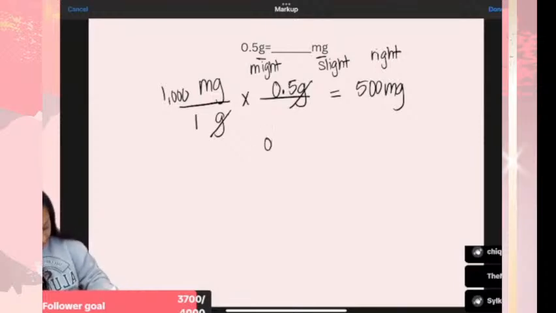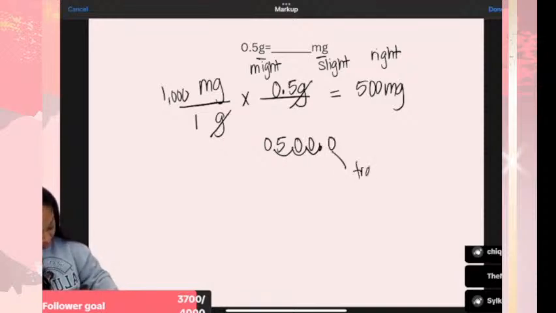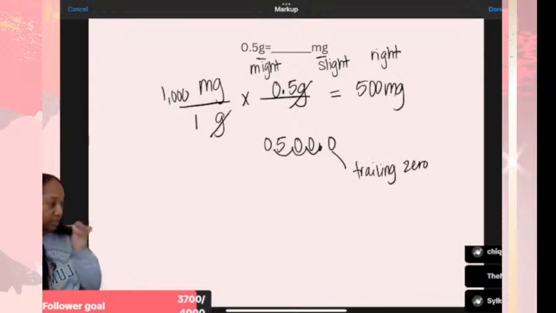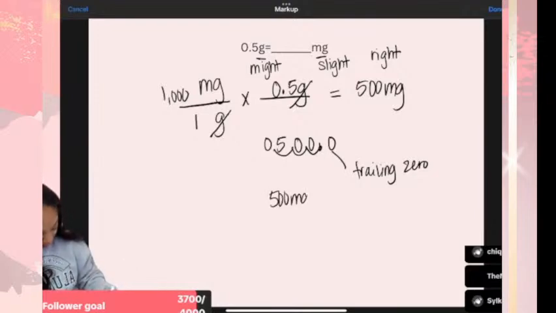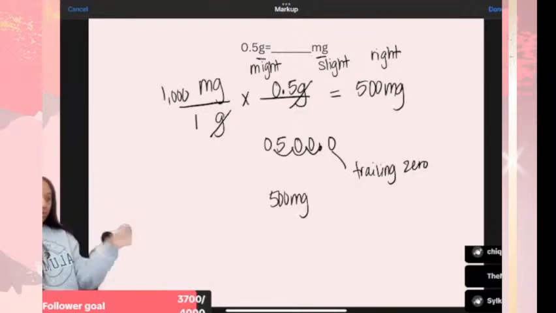You have 0.5, so you move it 3 decimal spaces to the right: 1, 2, 3. Add your zeros, and that's where your new decimal place is. And we know this is a trailing zero, which is a no, and that would get you points docked off, okay? So that's how you find how to move your decimal.